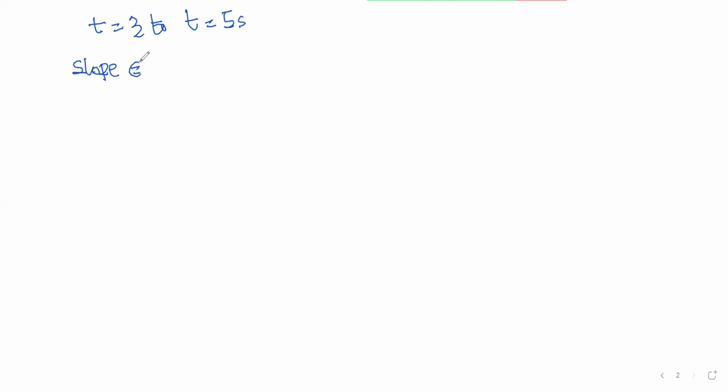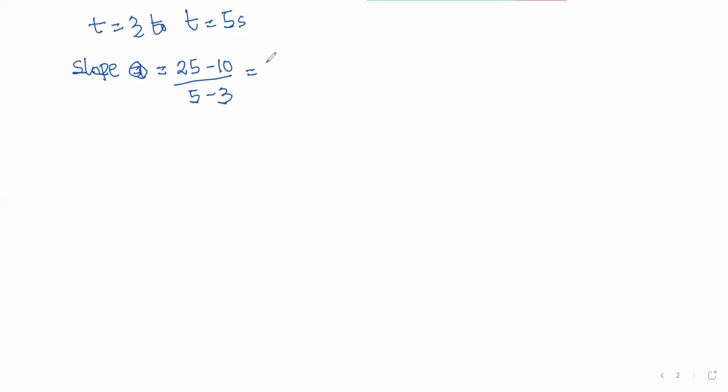So slope CD would be equal to the change in the vertical: the maximum velocity at time of 5 seconds is 25. So 25 minus the velocity at 3, which is 10, divided by the time interval, which is 5 minus 3.